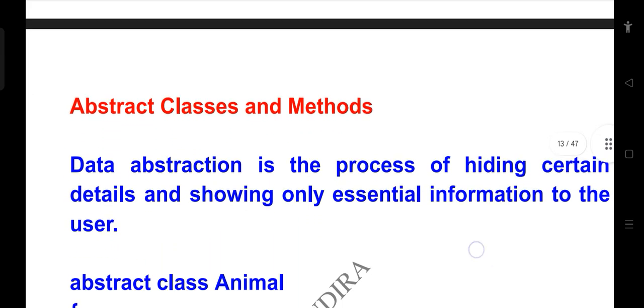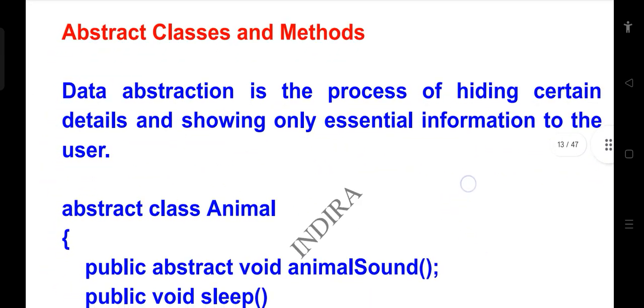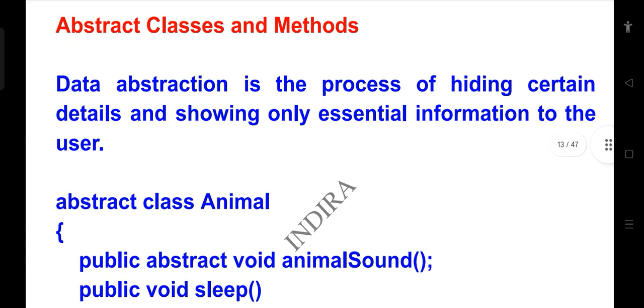Next one, abstract classes and methods. Very important topic. Data abstraction is the process of hiding certain details and showing essential information to the user. Abstraction is nothing but hiding details which are not particularly useful for the user, and showing only essential functions.